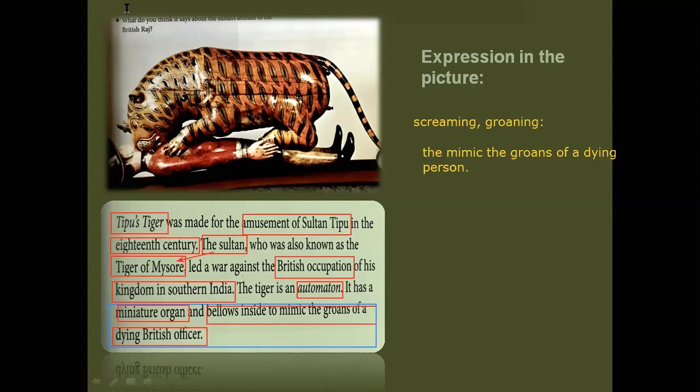In the 18th century, they made this for him to amuse him because he was the leader of a war against the British. If you look at this picture, when you open this tiger, it makes the sounds of a dying British officer, like groaning, or help, or screaming. Okay. So, Dua, what do you think?